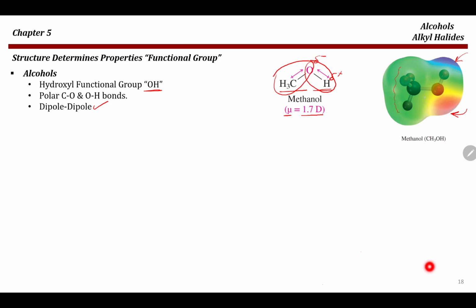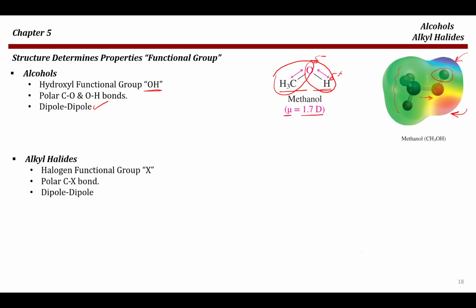Although oxygen is withdrawing electrons from carbon, the electron density decrease is not as large as in the case of the hydrogens, which are here. Anyway, to summarize, this proves that alcohols are polar molecules.